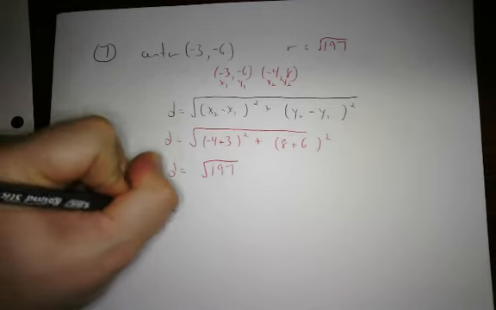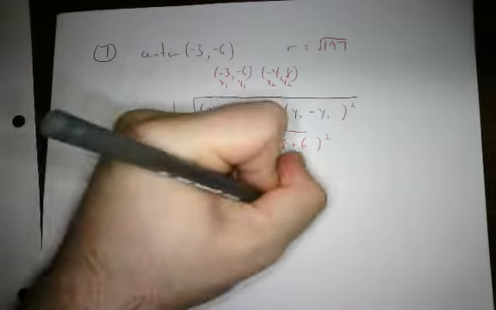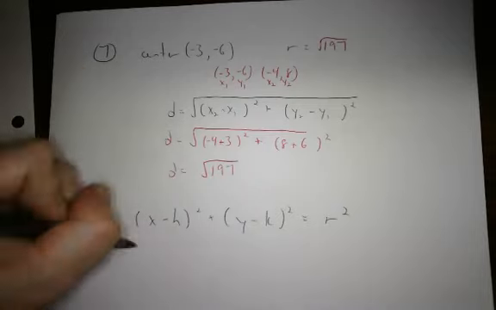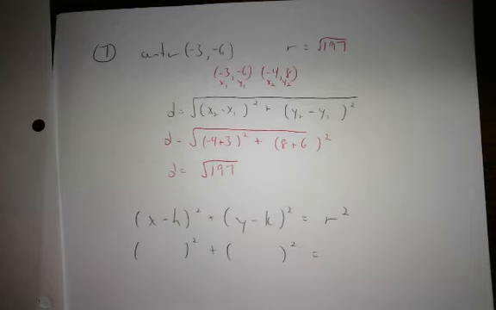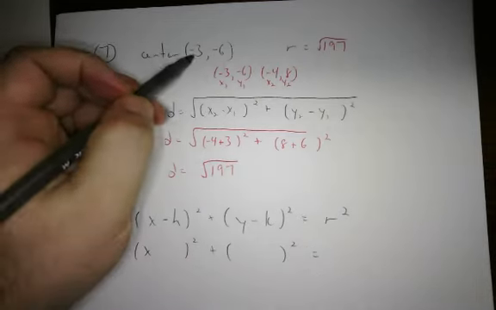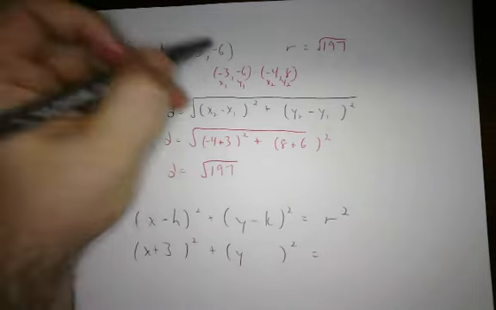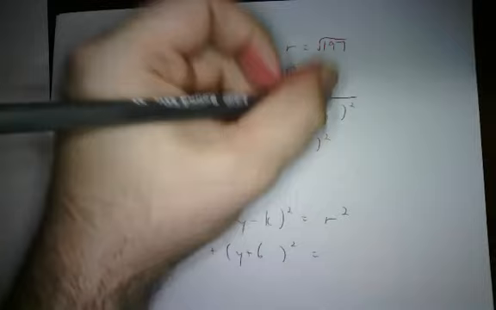We can plug it into the equation for the standard form of a circle, which means there's my binomial bubbles squared, and I can just plug in x. We need the opposite of the x coordinate of the center, which would be +3. Over here, we need the opposite of the y coordinate of the center, which would be +6.